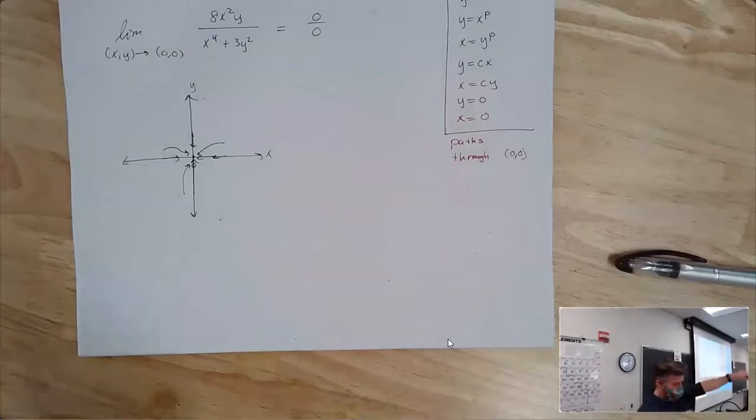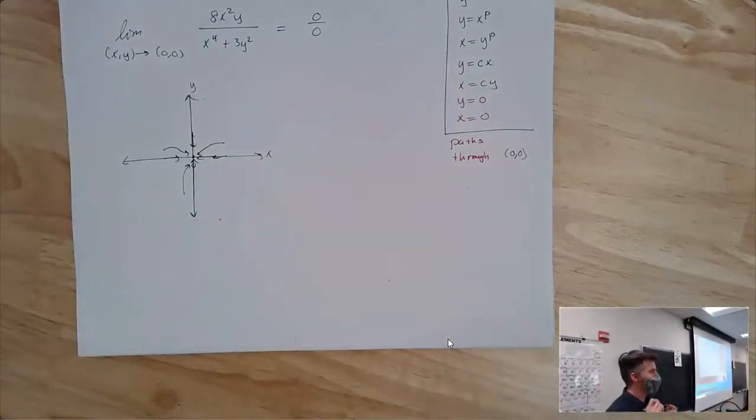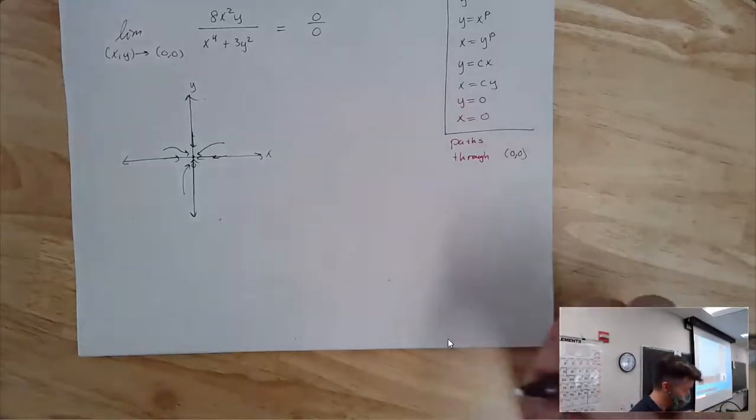And I think you're right. I would probably start with y equals x squared, because a goal that you're trying to make happen when you have a limit like this is you would ideally prefer all of the powers in the numerator and the denominator to be the same, which I think is what you're getting at with y equals x squared.